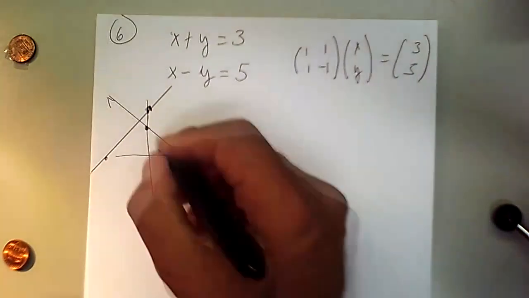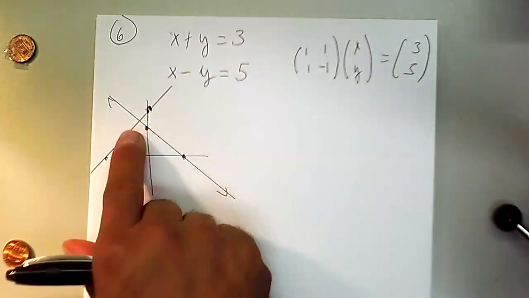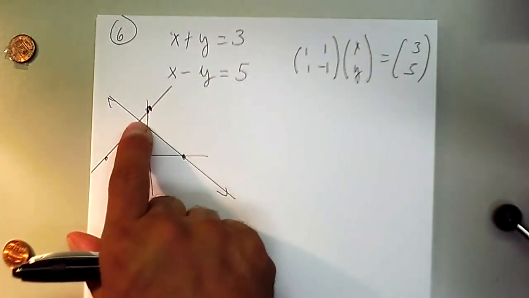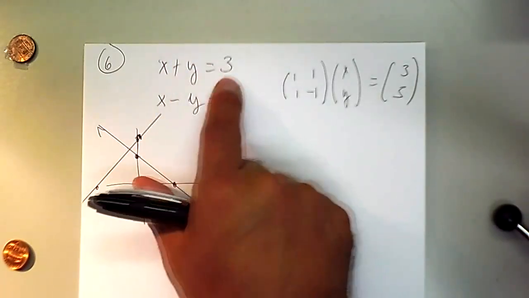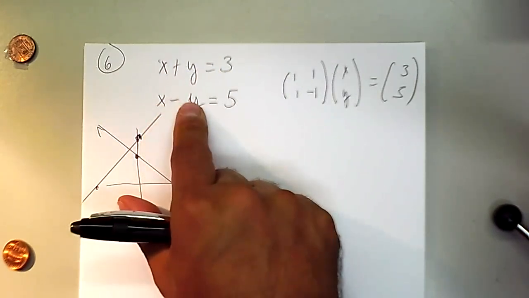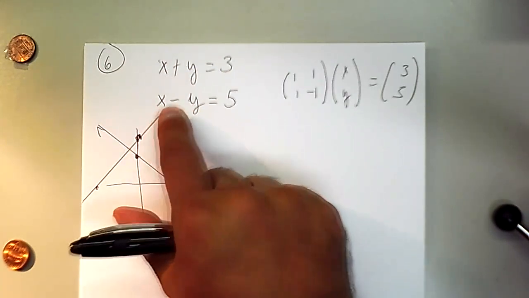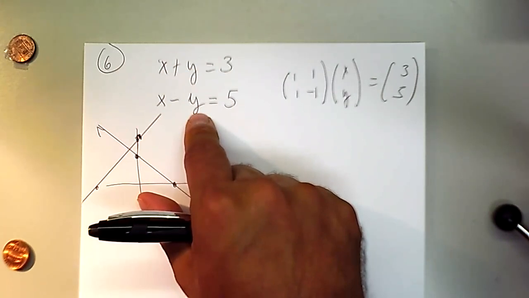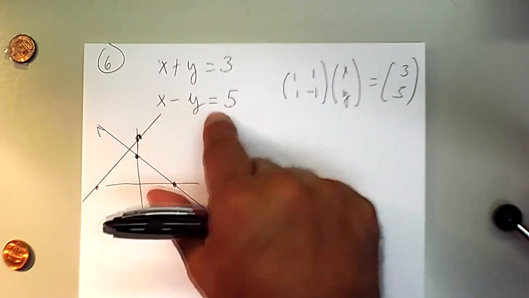Above 3, below 5 on the left. So it's 4, negative 1, 4 going to work. Why isn't that working? So x equals 5, y is negative 5.